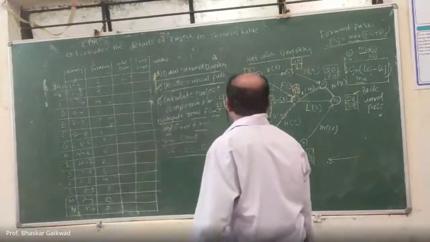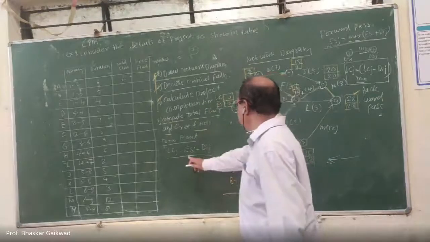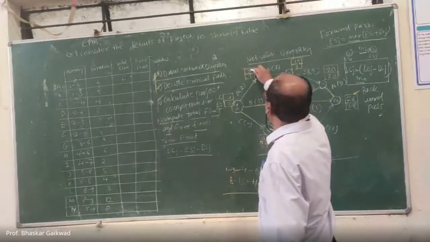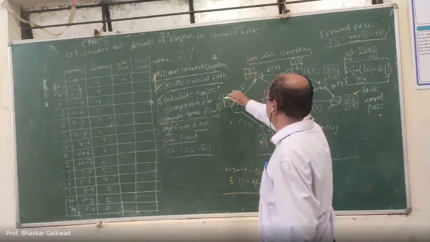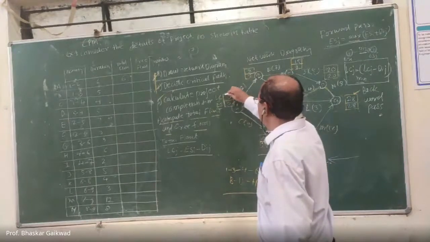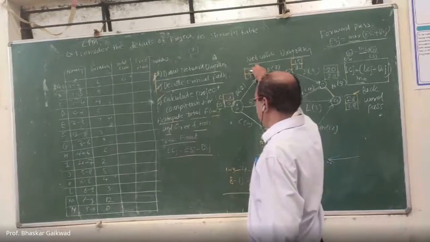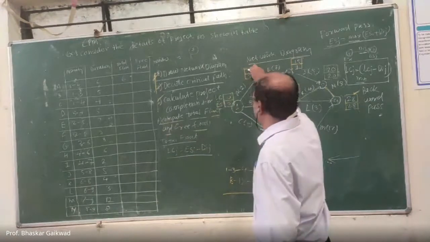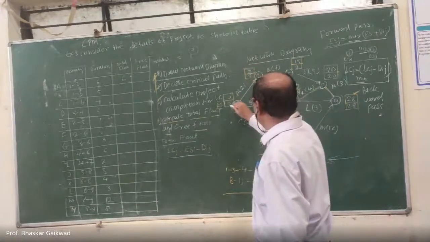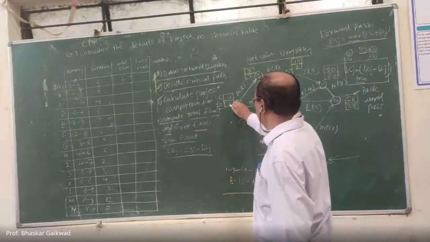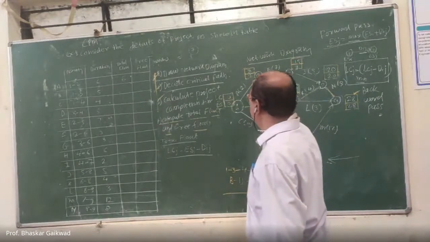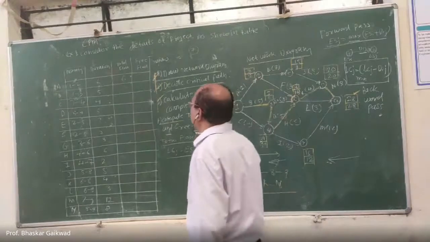Once again I will repeat: by using this formula, you can remember the upper part is LC, the lower part is ES. So 8 minus the earliest start time 0 minus the duration 6 gives 6.